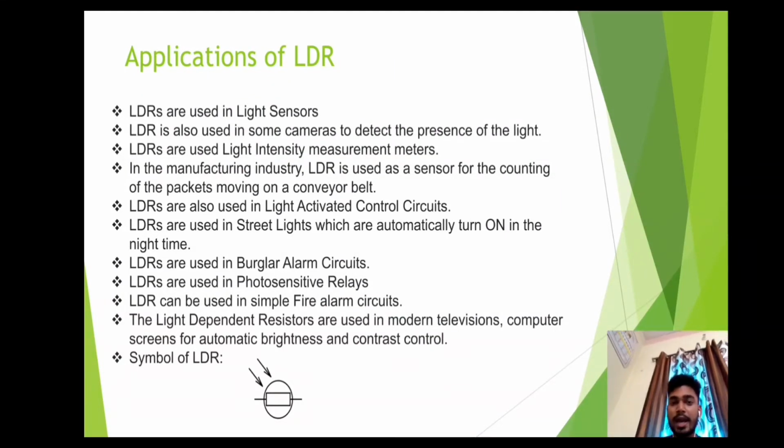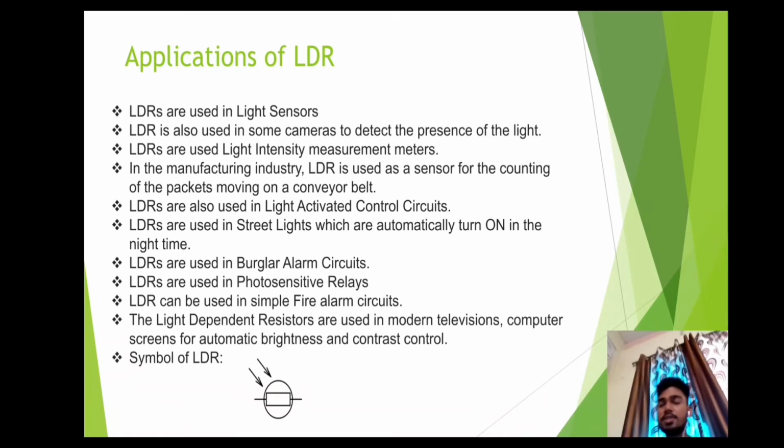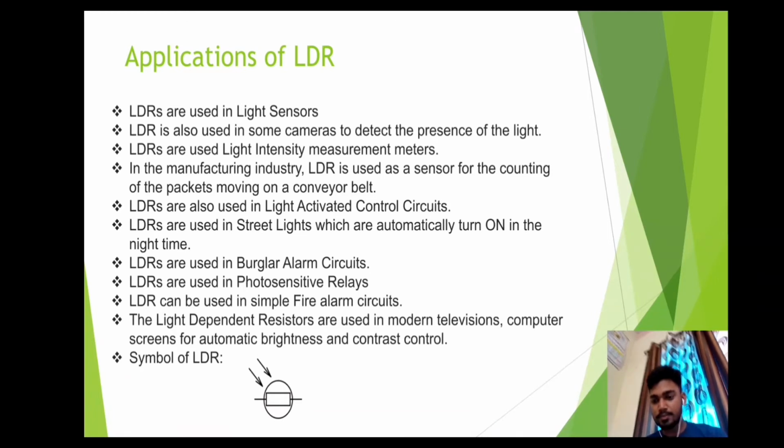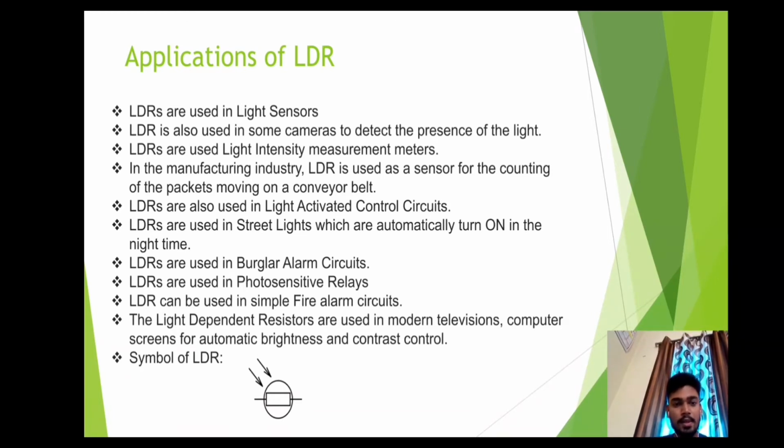Now the applications of LDR. LDR means light dependent resistors. It is used in light sensors, and this is the base of the light sensor. That's why I'm going to explain the applications of LDR. It is used in some cameras to detect the presence of light.